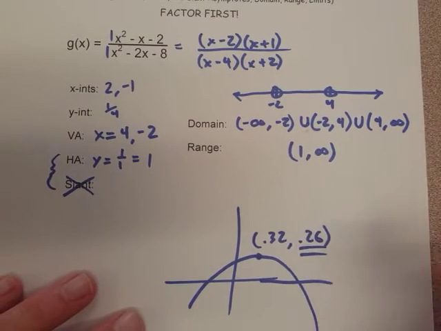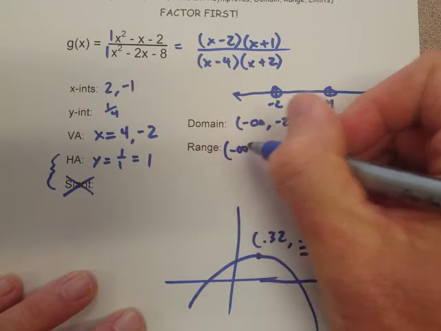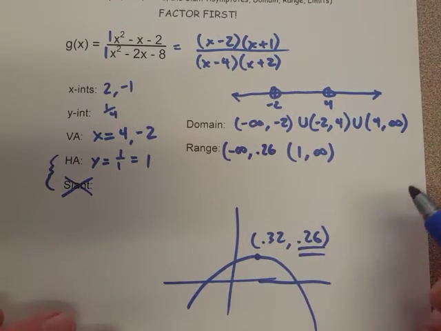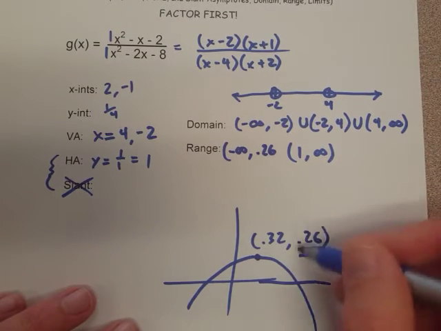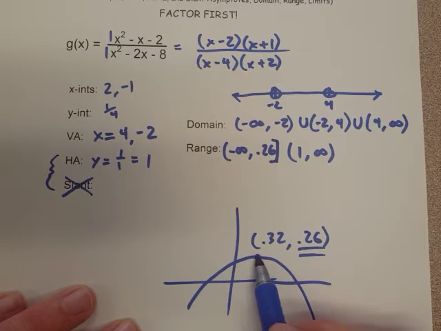So now I'm just going to put that in here and say that's negative infinity to 0.26. Now here's something a little bit strange. We're going to go up to that point. It is a rounded value, but I'm going to put a square bracket on that because we actually do get to this point.